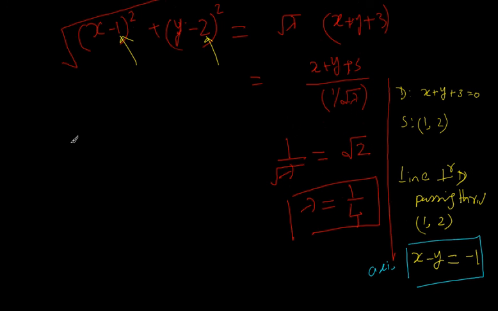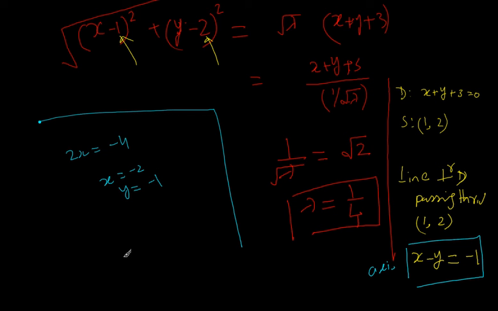Let me solve over here. Okay, 2x is equal to minus 4, x will be equal to minus 2, and y will be equal to minus 1, I guess, minus 1.